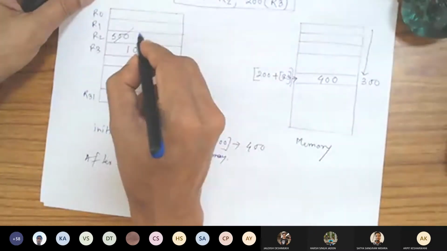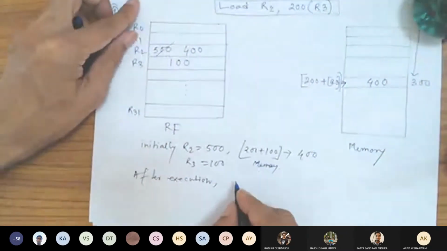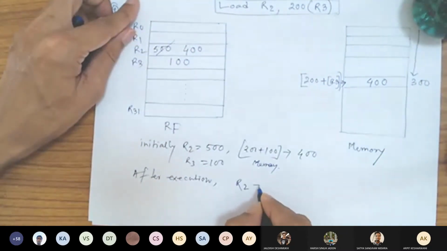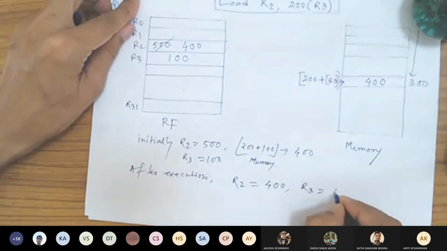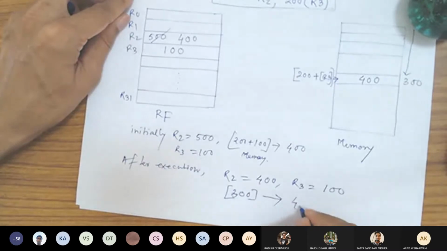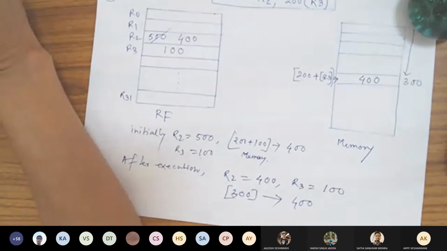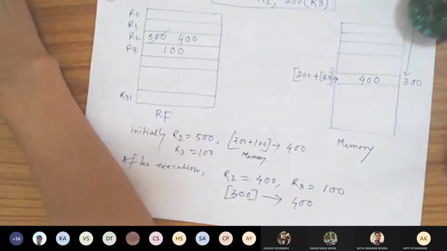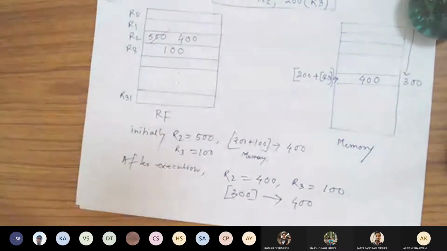So this will be replaced by 400. After execution, R2 equals 400, R3 equals 100, and memory location 300 contains 400. This is what happens.